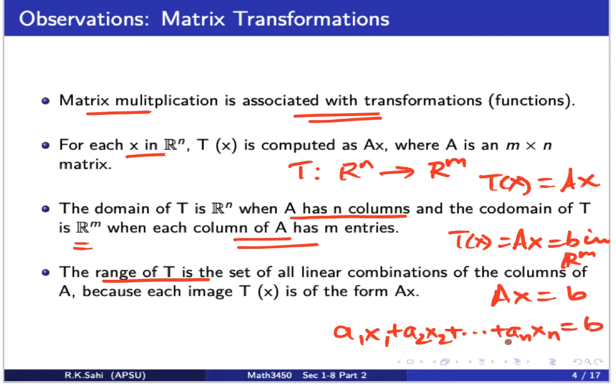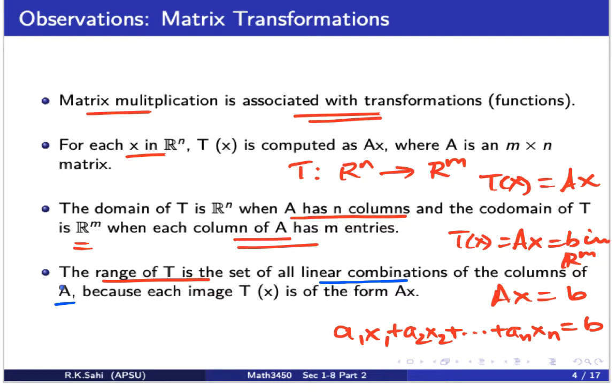Now these ai, remember, are the columns of the matrix A, and there are going to be n columns. So when I say the range of T, it means all those elements in Rm which can be written as a linear combination of the columns of the matrix A.